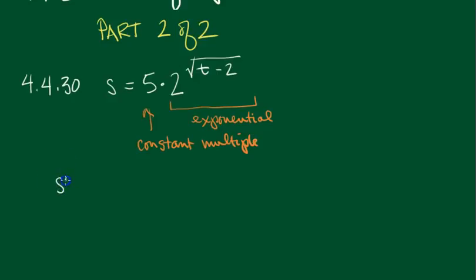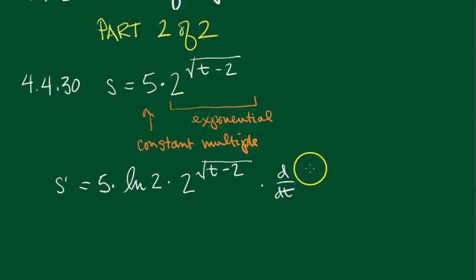Okay. So the derivative, we have 5 times. Because it's an exponential with a base other than e, we have the log here, so that's log of 2. Now we have the exponential function itself. And now we have to have the derivative with respect to the variable t of that stuff inside.